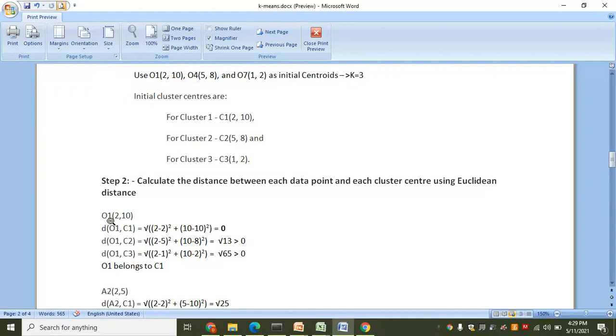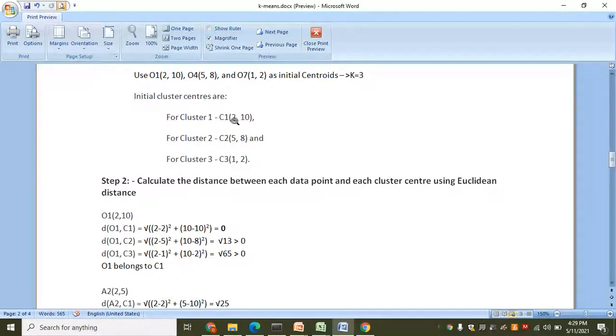Let us first take the object O1. O1 is 2 comma 10. We are going to calculate the distance between O1 and C1. O1 is 2 comma 10, and C1 is also 2 comma 10, because both are the same point. Now the distance will be 2 minus 2 the whole square, with x1, x2, y1, y2.